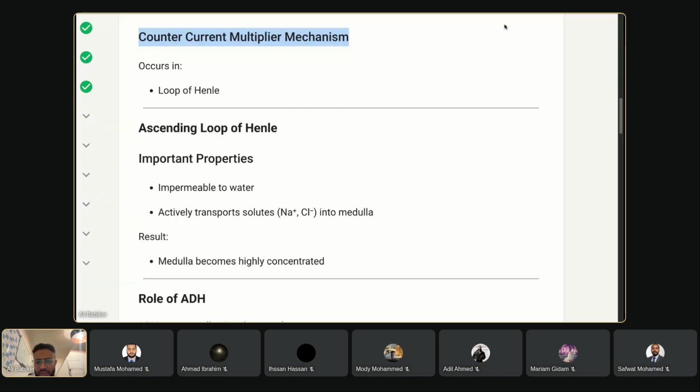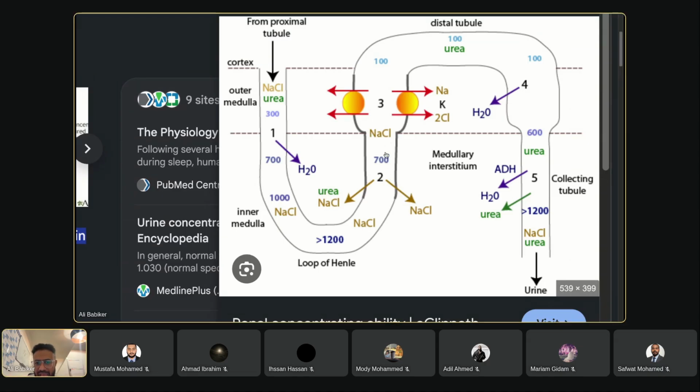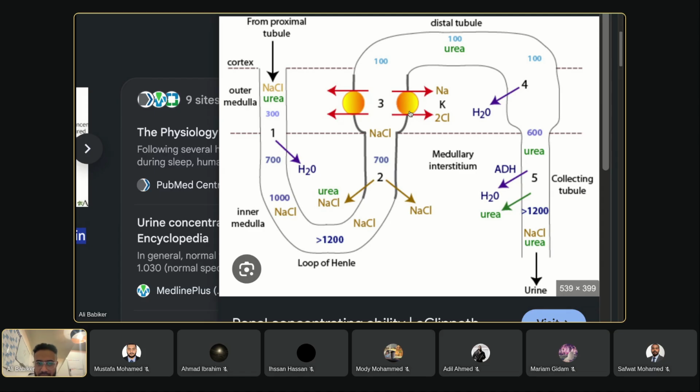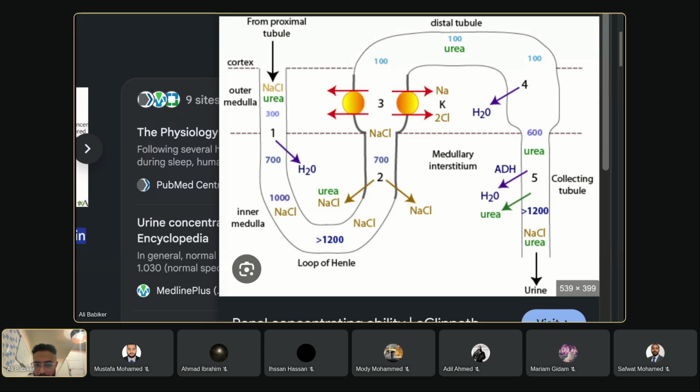So the ascending loop of Henle here, as you can see, is actively pushing NaCl and urea, and it doesn't allow water to come in. Do you see the thick wall here? That means the water is not able to come in.